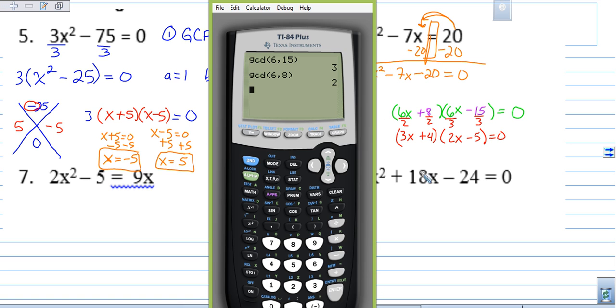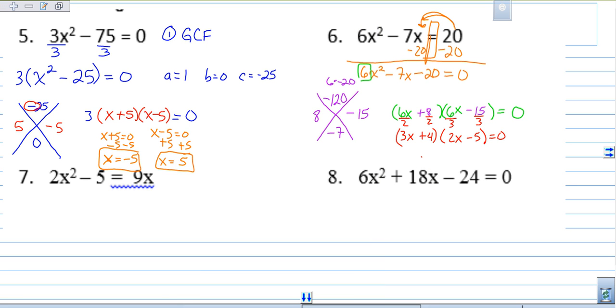Okay? So back to our question. Now, using our previous example over here, I said it's just the opposite divided by the front number. So what's the opposite of 4? Negative 4. So x equals negative 4 divided by our front number, which is 3.